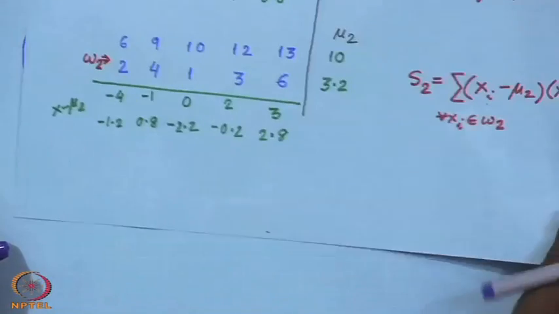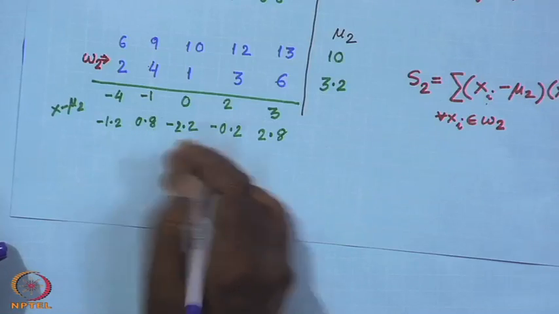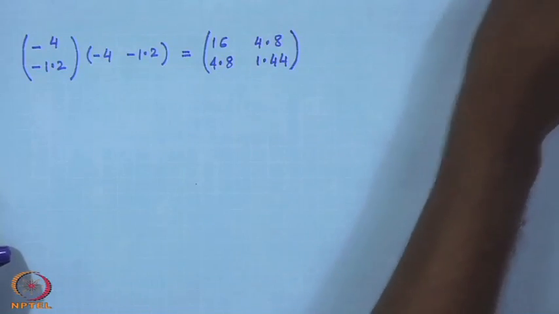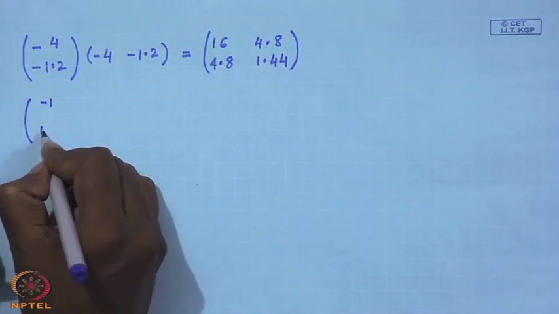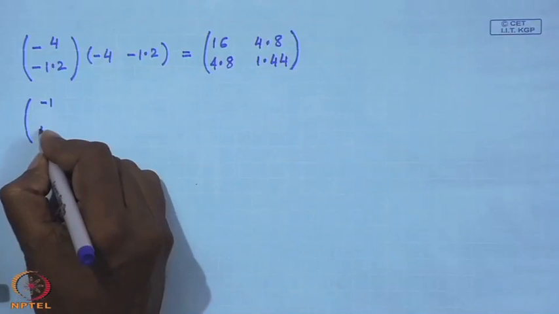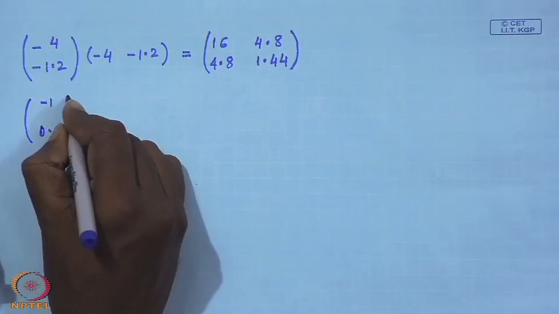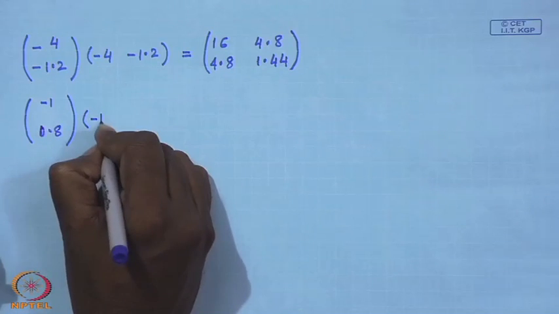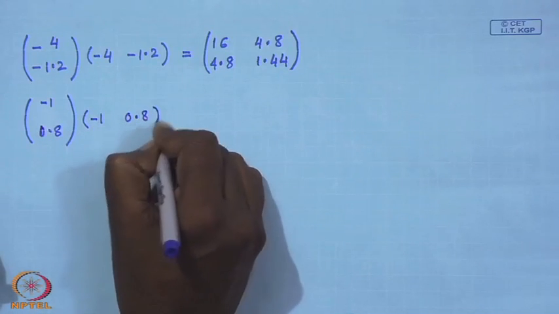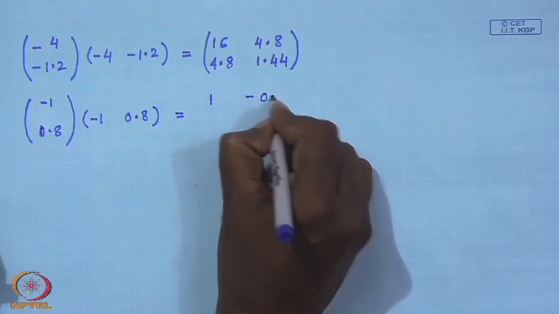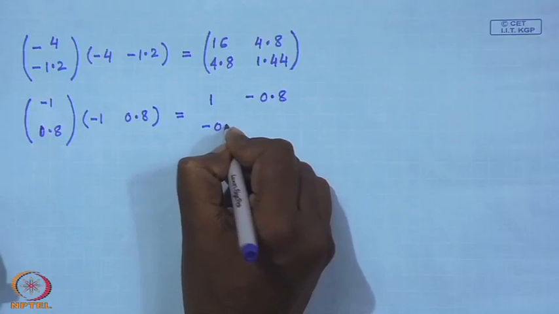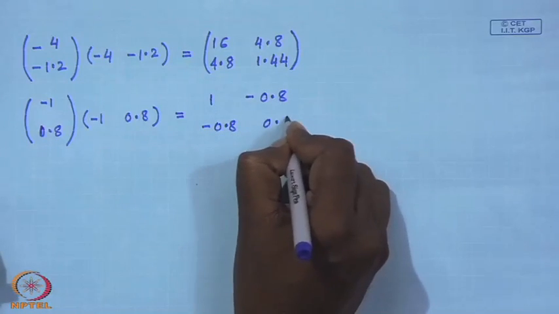The second vector is minus 1, 0.8. So, the matrix that I get from the second vector is minus 1, 0.8 into the row vector minus 1, 0.8. This matrix will be 1, minus 0.8, minus 0.8, 0.64.